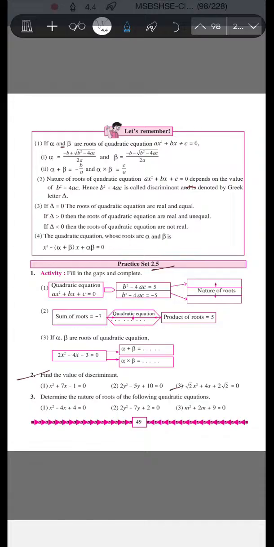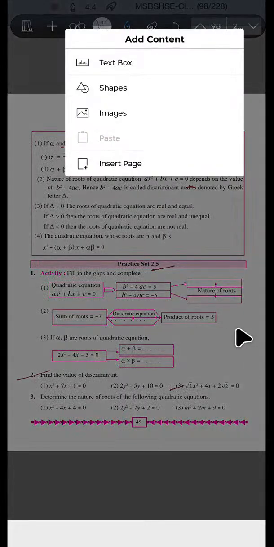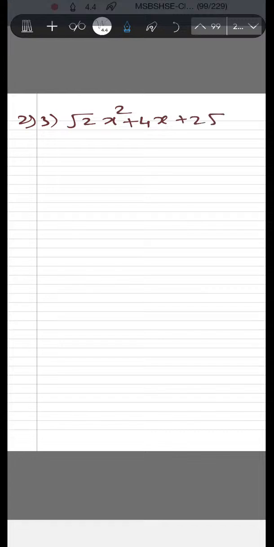Don't worry, I will give you the answer. What does the question say? Root 2 x square plus 4x plus 2 root 2 is equal to 0. Find the discriminant.